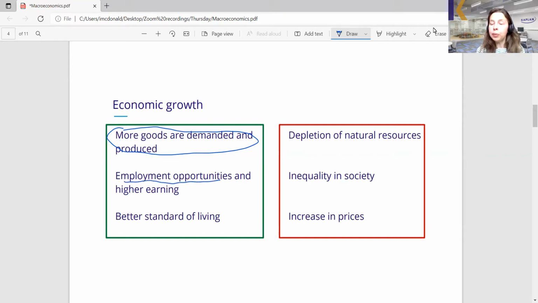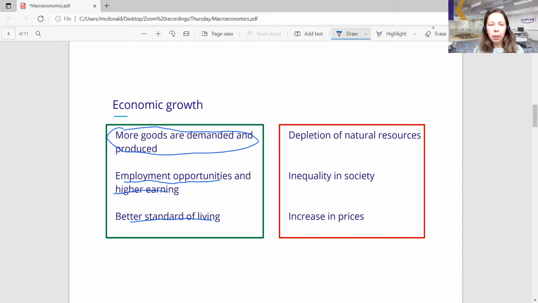There are more jobs because companies are looking for labor to work in their factories. And those individuals, because they are now in demand, everybody wants to employ them, could achieve higher earnings. And that leads to a better standard of living. We can all enjoy our life a bit more.